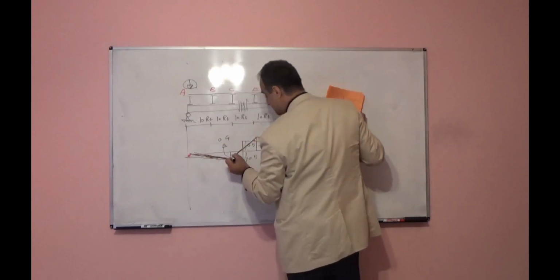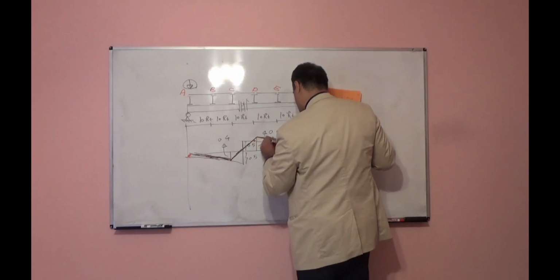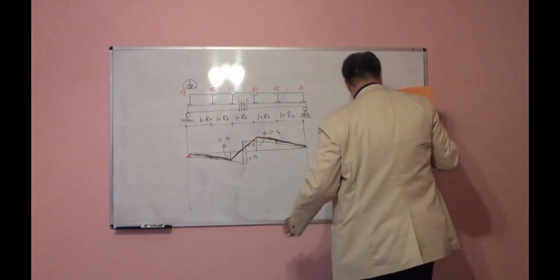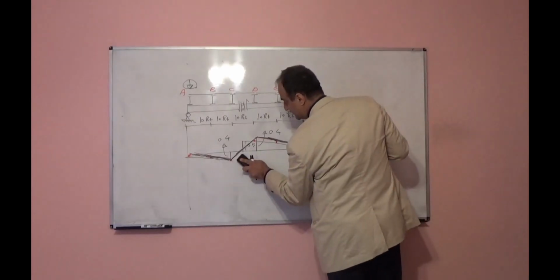Influence line for girder at panel CD if our load moves on the slab. Extra part, you can remove it.